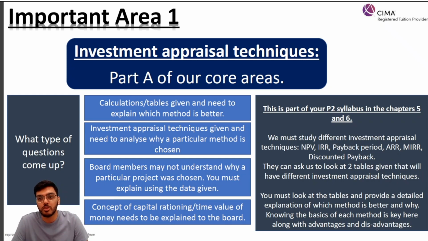So this is part of your P2 syllabus straight away in chapters 5 and 6. We must study the different investment appraisal techniques like NPV, IRR, ARR, MIRR, the payback period, the discounted payback period, because they can ask us to look at 2 tables or 3 tables in the question with different investment appraisal techniques.